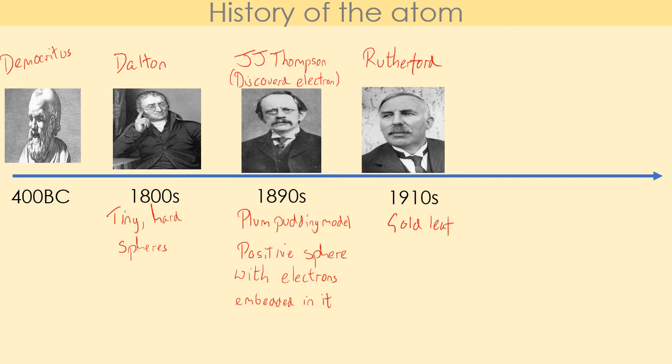So he made some observations. He said we have a small positive nucleus. He said we have electrons around the outside, or electrons around the nucleus in clouds.